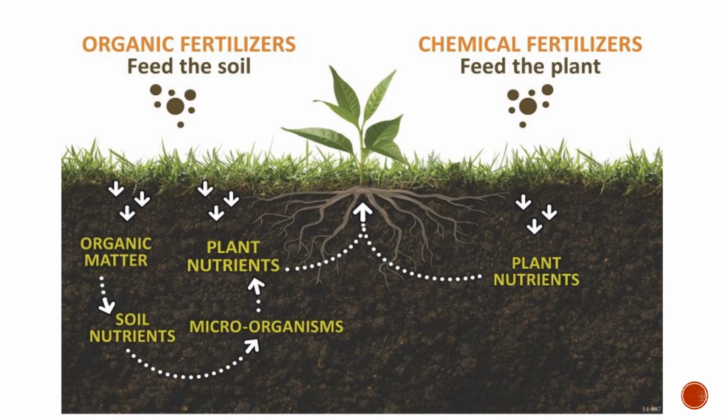This is a good graphic that shows the differences between organic fertilizers and chemical fertilizers. In the organic fertilizer cycle, you feed the soil with organic material. The nutrients go down into the soil to feed the microorganisms, all that bacteria and the wonderful things that we learned about living down in the soil.